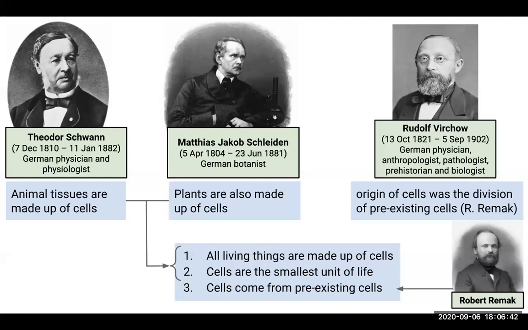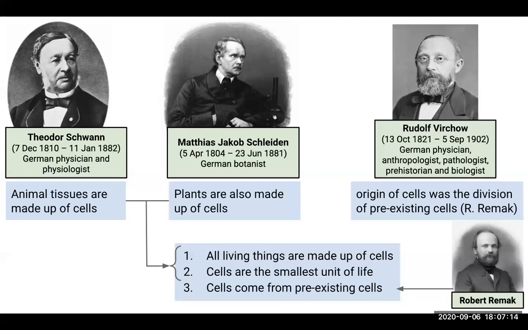And he later on observed the cell division behavior in other types of cells other than embryonic cells as well. And so he grabbed Robert's idea, and then he published it through the Royal Society and was recognized for this idea. Now, it wasn't until later days that we found out Rudolf Virchow wasn't the first person who came up with this idea, but rather he stole it from Robert Remak.